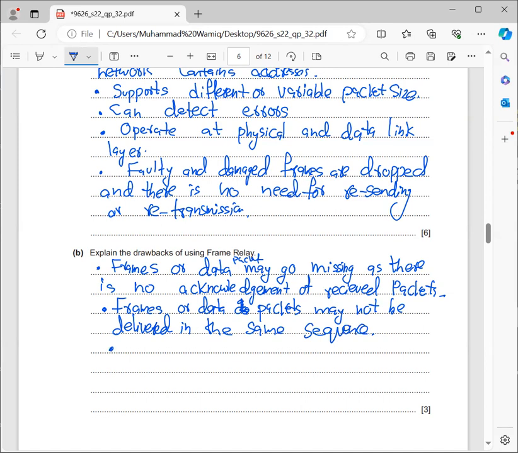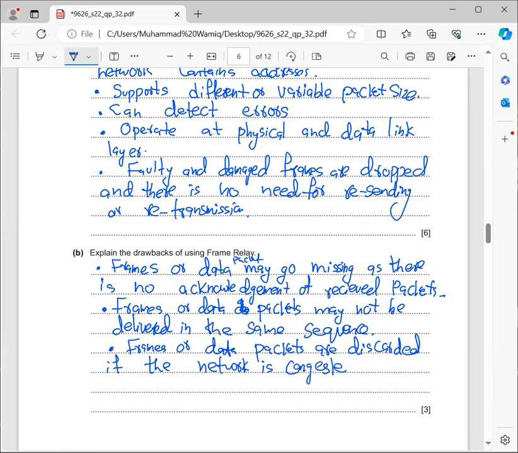Third point can be that frames or data packets are discarded if the network is congested or if there is a lot of burden and load on your network. So this is for 3 marks.